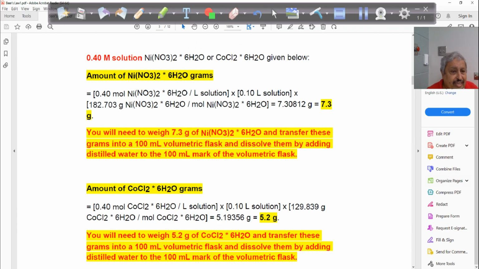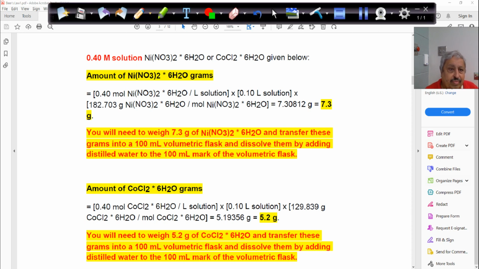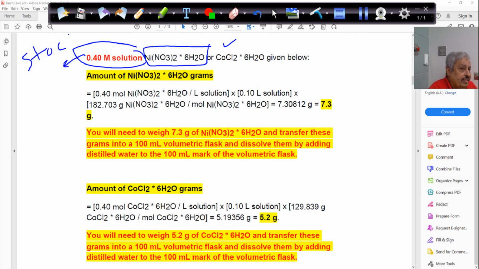We are producing not 4 grams, but a 0.4 molar solution of nickel 2 nitrate hexahydrate. All of us will be using this, so I can compare. So we will prepare the 0.4 molar solution. We call it our stock solution.